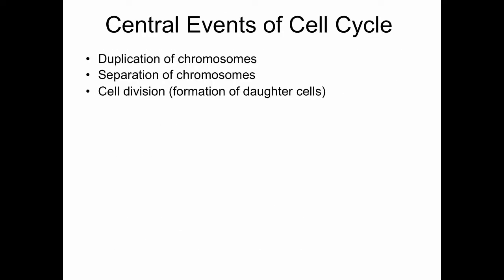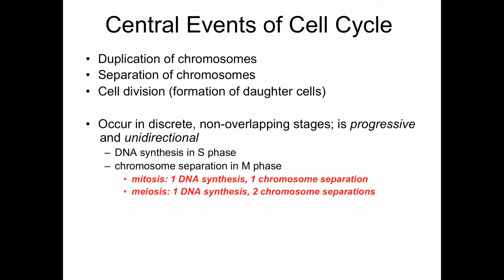The central events of the cell cycle would be duplication of chromosomes, separation of chromosomes, and cell division, or formation of daughter cells. We like to say that these stages occur in discrete, non-overlapping stages. The cell cycle is progressive and it's unidirectional. That means it only goes in one direction.